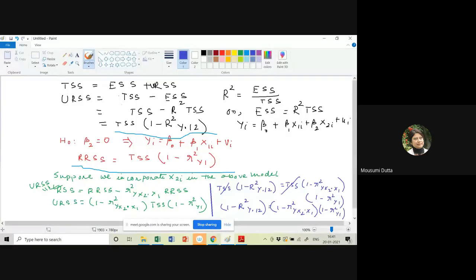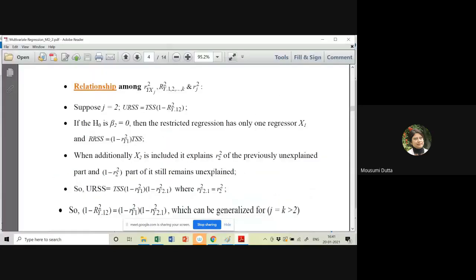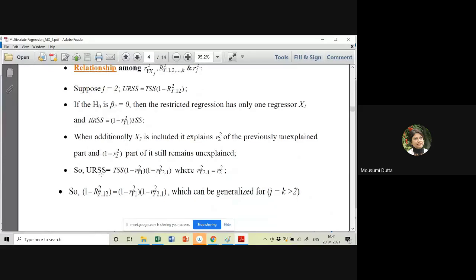If you look at the PDF version, we did the same thing, and finally we got this relationship: 1 minus capital R square y dot 1 2 is equal to 1 minus R square y1 times 1 minus R square y2 dot 1. And this relationship can be generalized for k greater than 2.